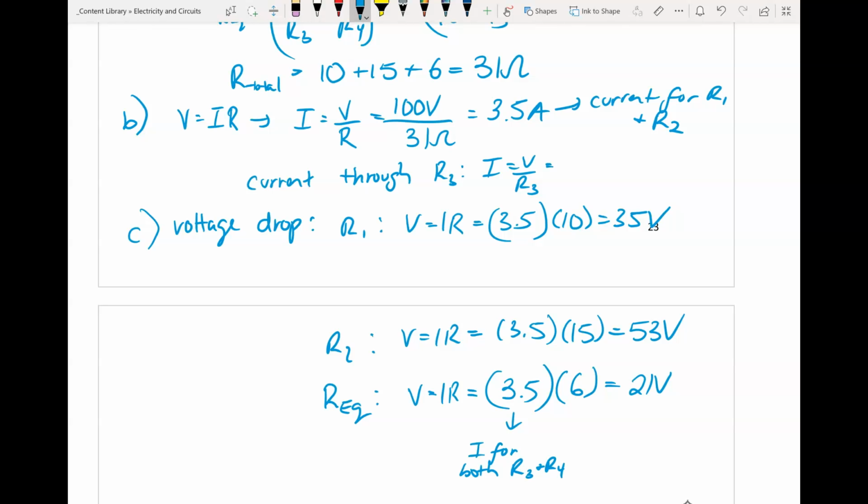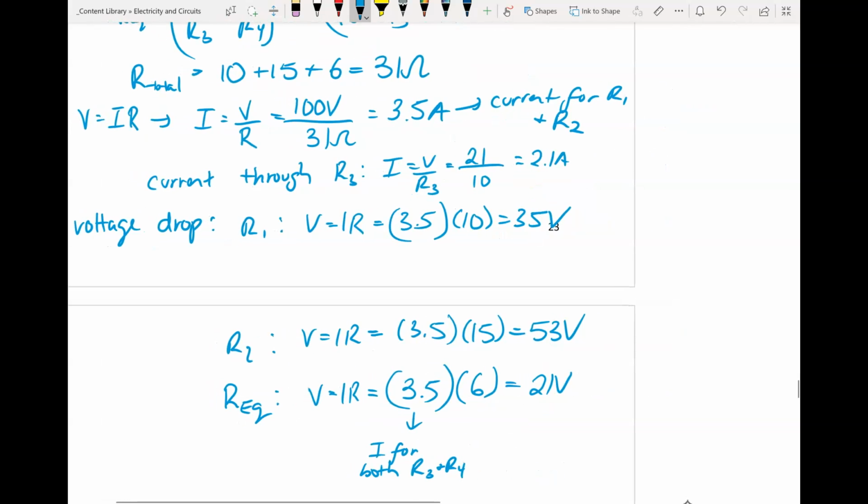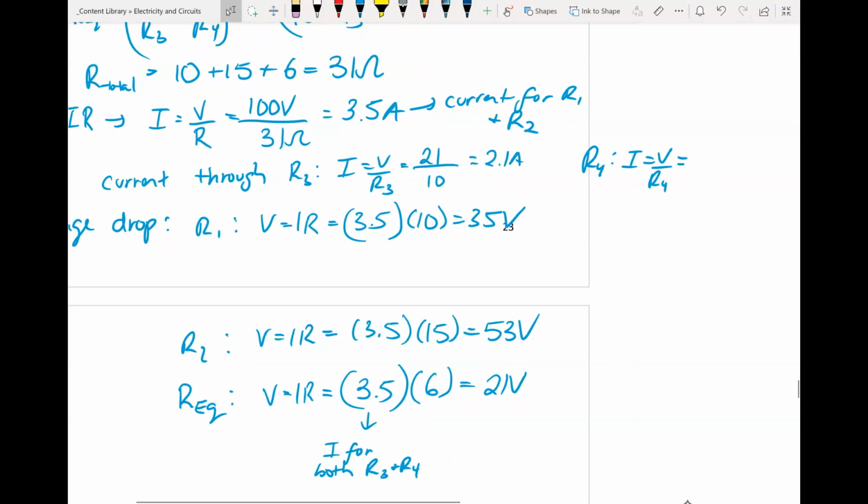So then now I can finally find the current that goes to R3 because I have the voltage drop. That's 21 volts, and then R3 is 10. So that's going to be 2.1 amps. And I can also find R4. Again, V is 21, because of the potential drop we found in part C, and then R4 is 15.